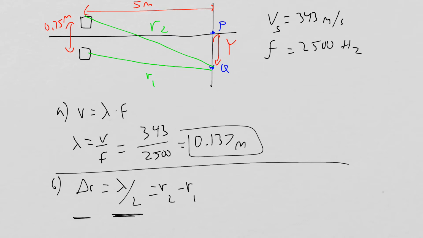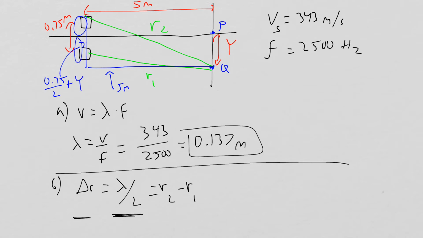I'm going to use blue to draw out the triangle to calculate R2. R2 is part of a triangle that looks like this, where this side is the 5 meters, and this side is two things: it's 0.75 over 2, that's this bit, plus y, that's that bit.